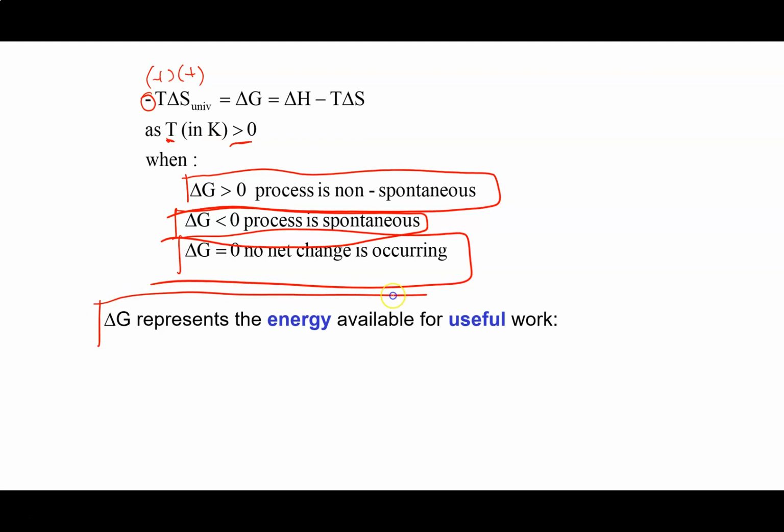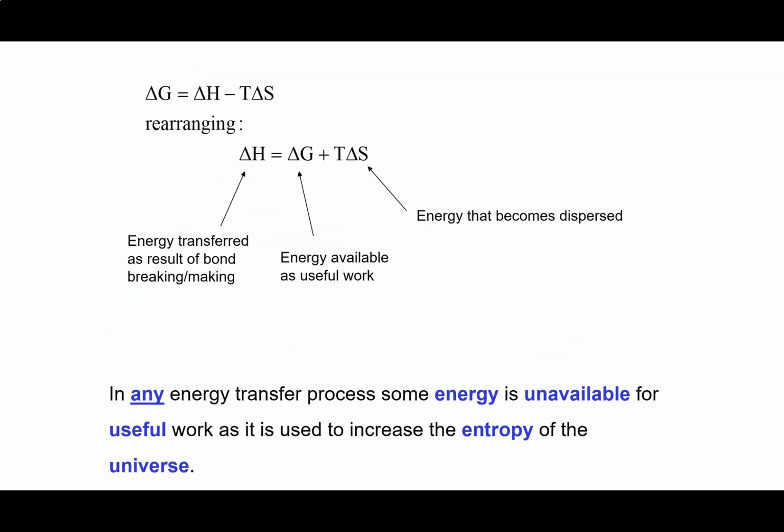What does delta G represent? Delta G represents the energy that is available for useful work, and I'm going to illustrate what I mean by that a little more in the next slide. So here we have delta G equals delta H minus T delta S. Delta H is the energy transferred as a result of bond breaking and bond making.